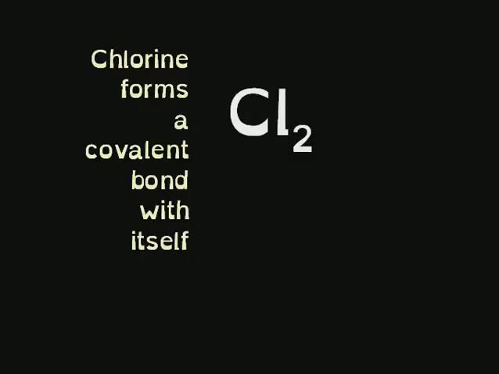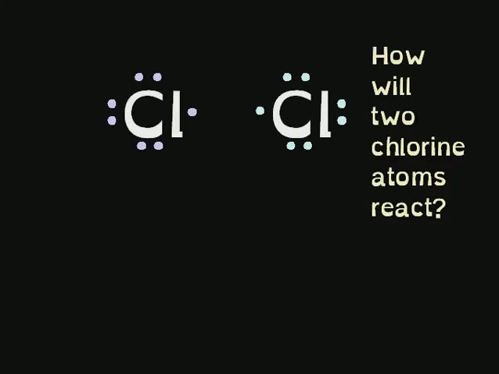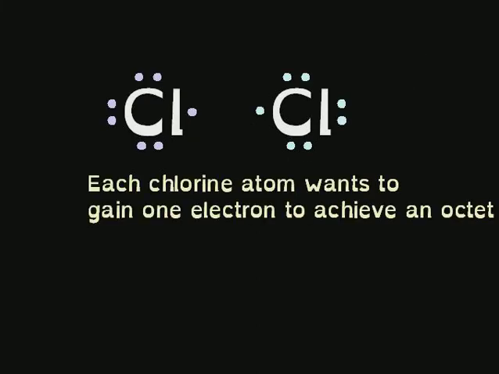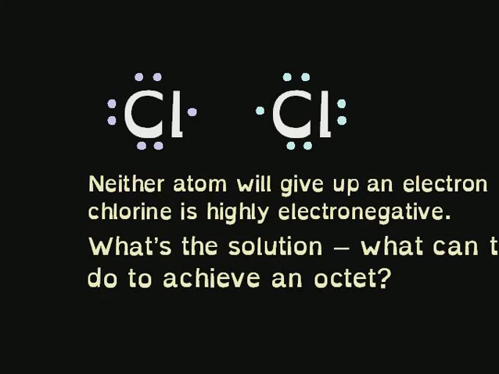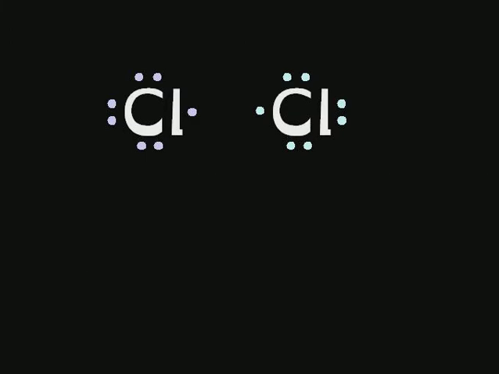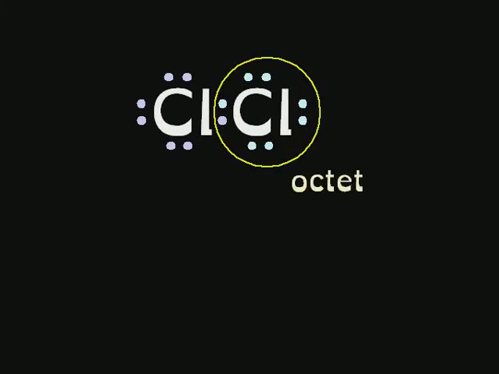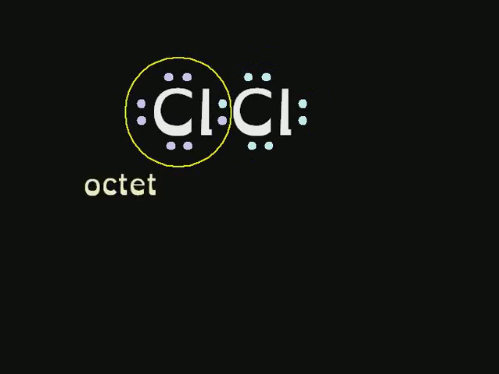Chlorine forms a covalent bond with itself. When that happens, each chlorine gains one electron to share, so each of these two electrons are going to be shared with each other. Basically they come together and form an octet on both sides.